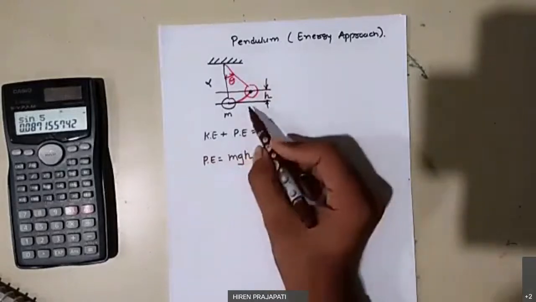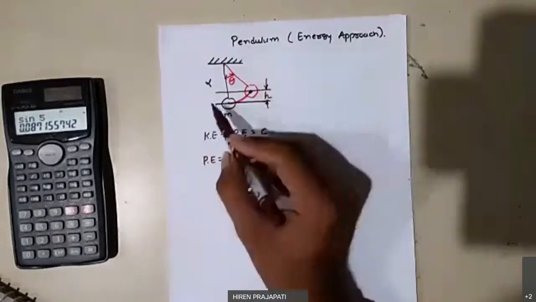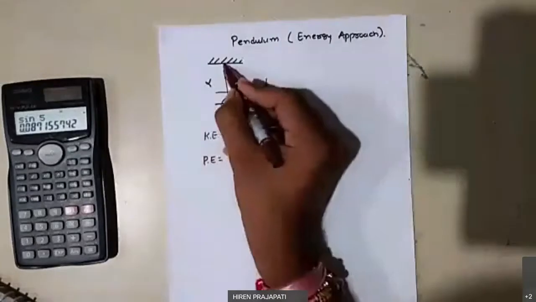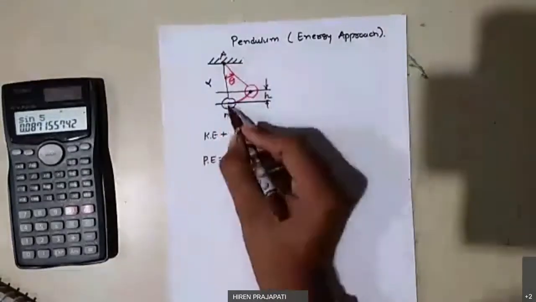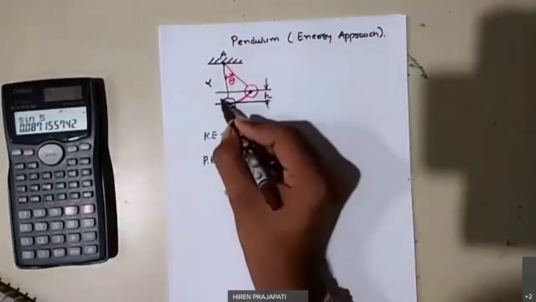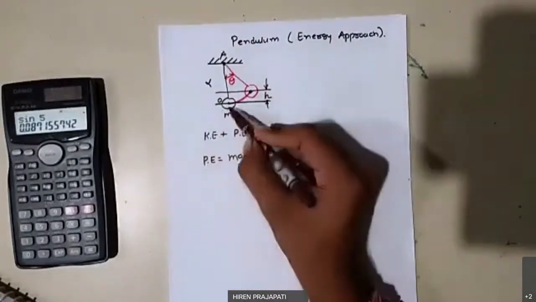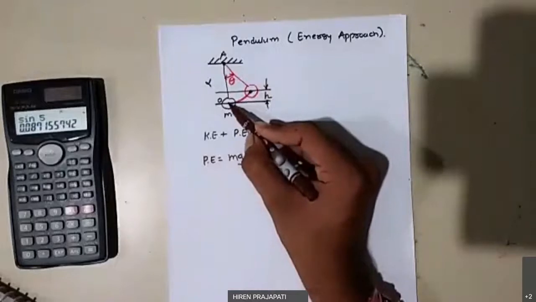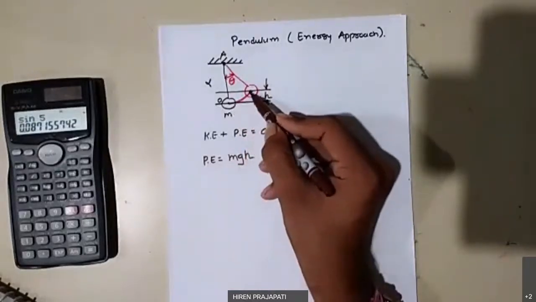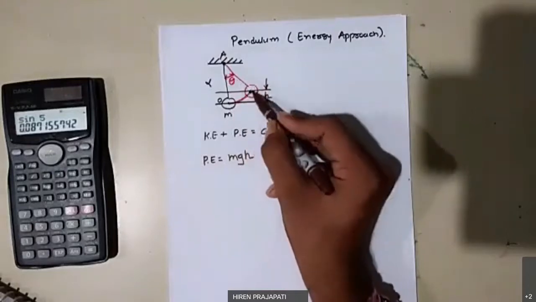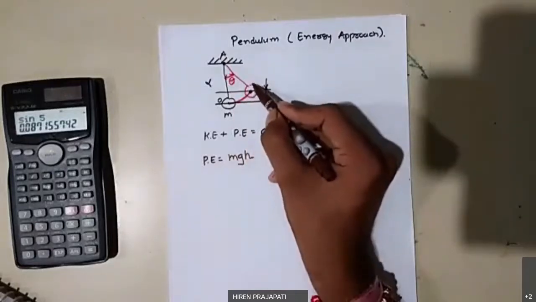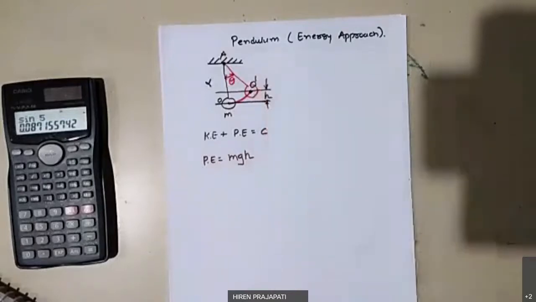So now let us see how to find this height. Here let me write: this is the hinge point A, this is the center of this mass O. Now the pendulum is moved from the initial position by angle theta, and the new position of this center I call O dash.